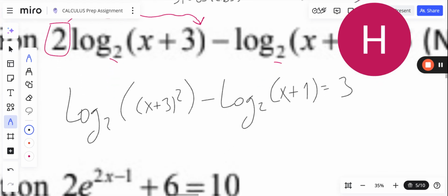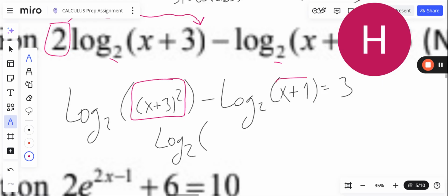Next step is we need to condense these logs because they're being subtracted. We're allowed to condense them using division of the arguments on the inside. So the positive one, x plus 3 squared, is going to be the numerator, divided by x plus 1.